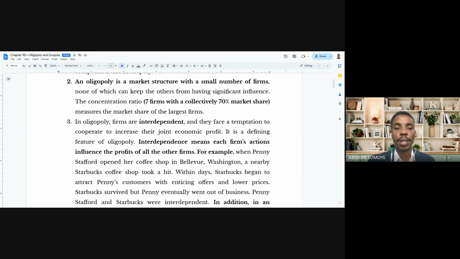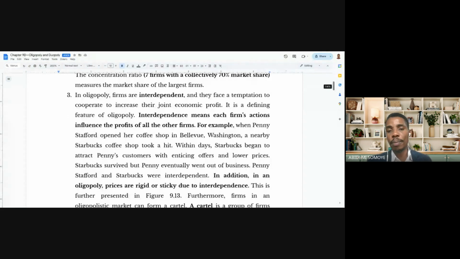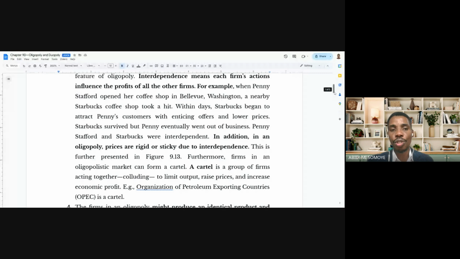Interdependence means each firm's actions influence the profit of all other firms. For example, when Penny Stanford opened a coffee shop in Bellevue, Washington, the nearby Starbucks coffee shop took a hit. Within days, Starbucks began to attract Penny's customers with enticing offers and lower prices.